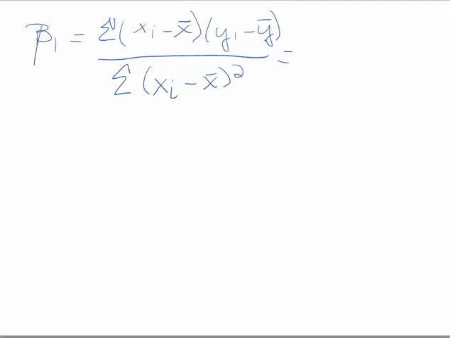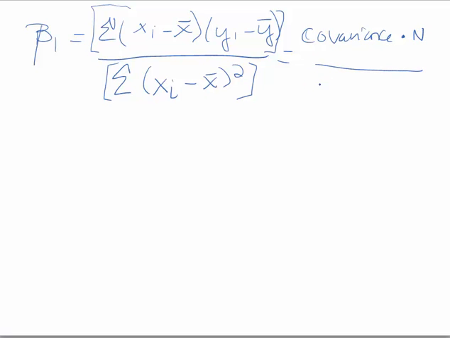Now, when we go into Excel, there's a nifty trick we can use in that the numerator and the denominator of the beta 1 equation are actually similar to other things we've come across before. So the numerator is actually equal to the covariance times n, our sample size.